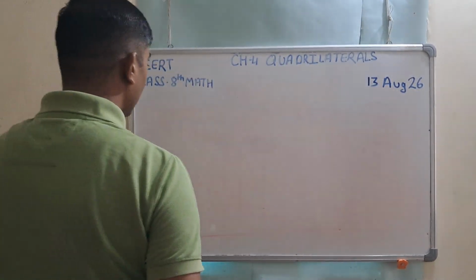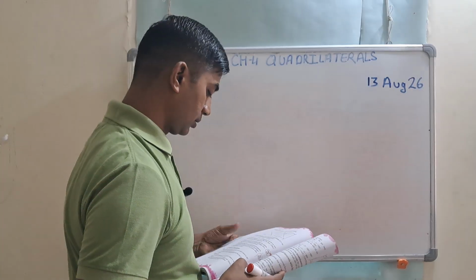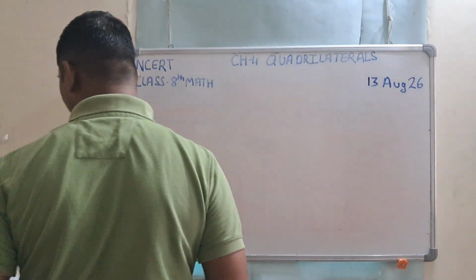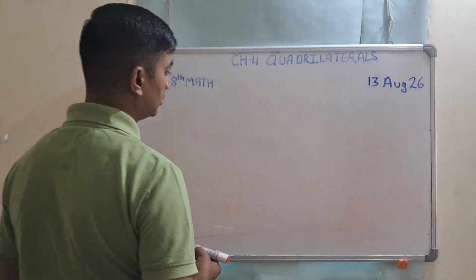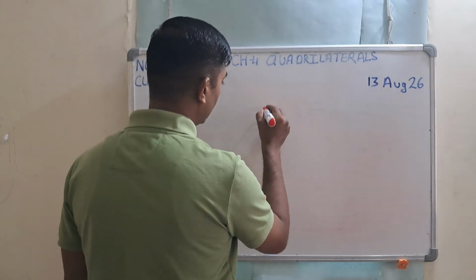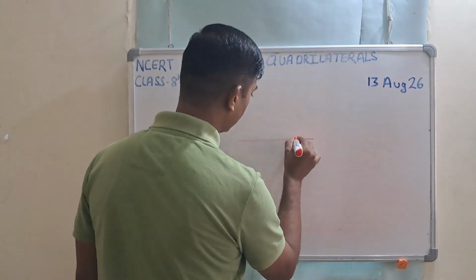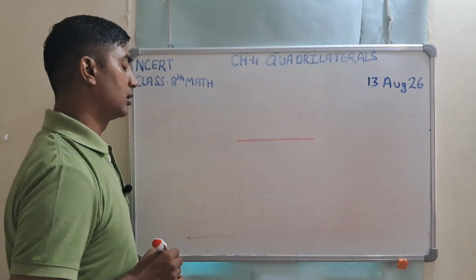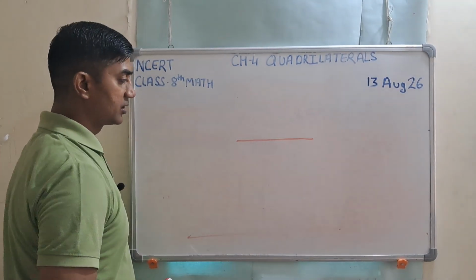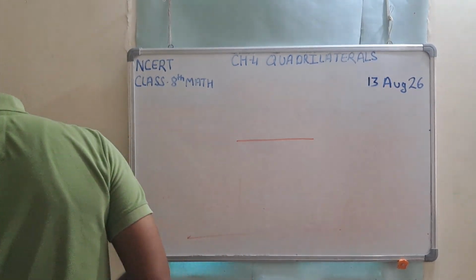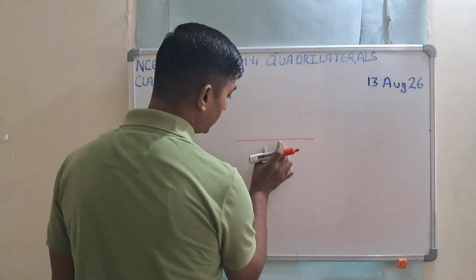Since we have equal length and we want to draw the 90 degree, suppose we have taken one stick rod, this is a stick.